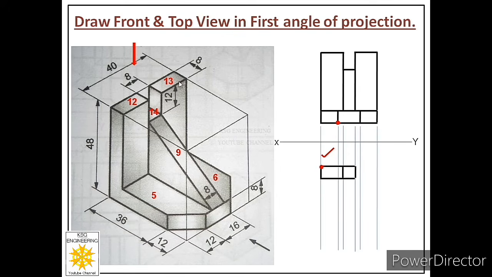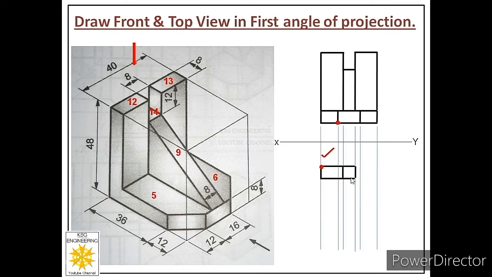Now let us plot the drawing of face 13. So again, rules are same. See how many points are there. 1, 2, 3, 4. Pick any one point and locate that point with respect to the previous 2 faces plotted by us. So if we pick this point of face 13, we will see that this point is exactly above this point of face 14, and this point is already drawn here.